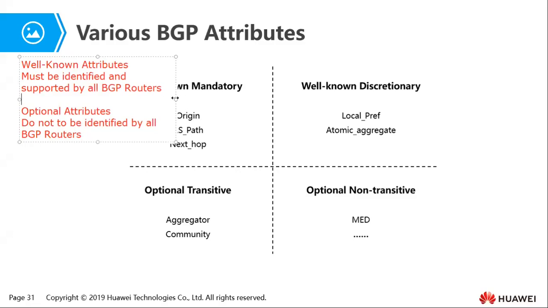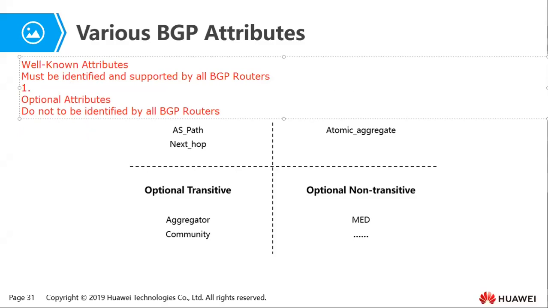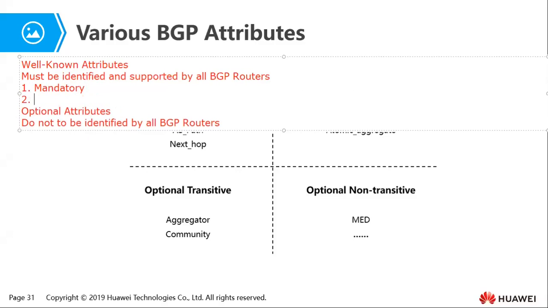Now, under well-known, we have what we call well-known mandatory. And we also have one well-known discretionary. Now, with mandatory attributes, they must be carried in a BGP update message.